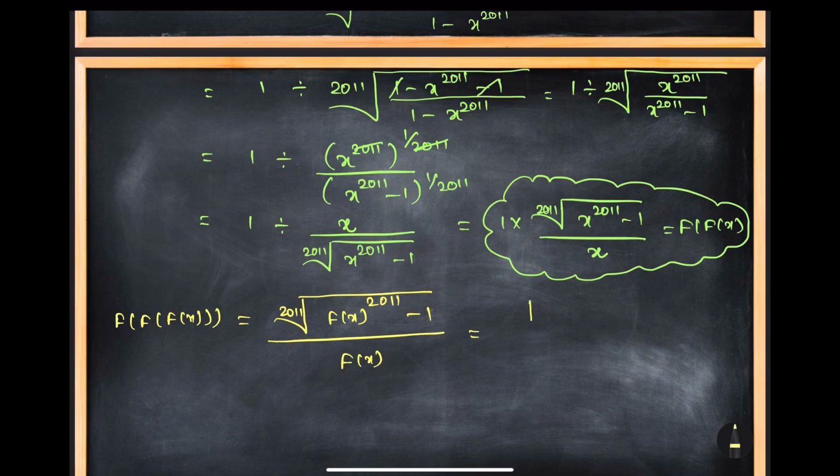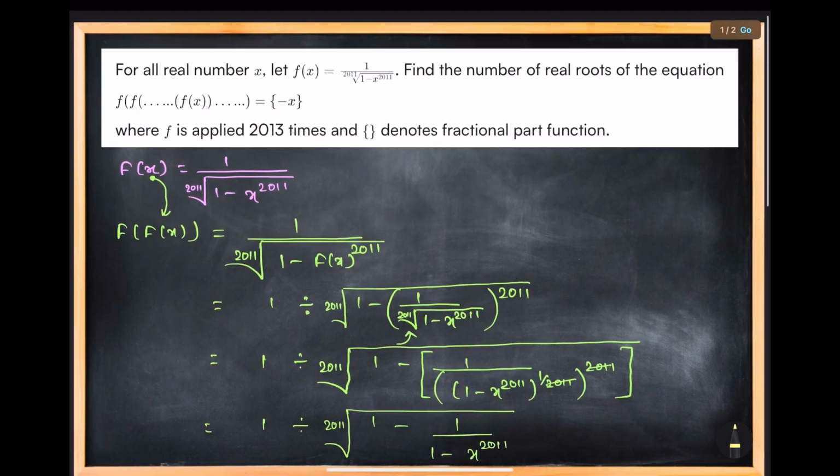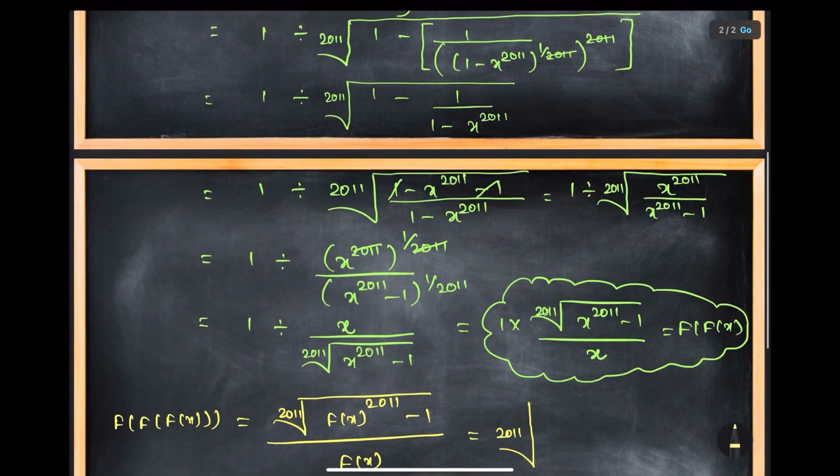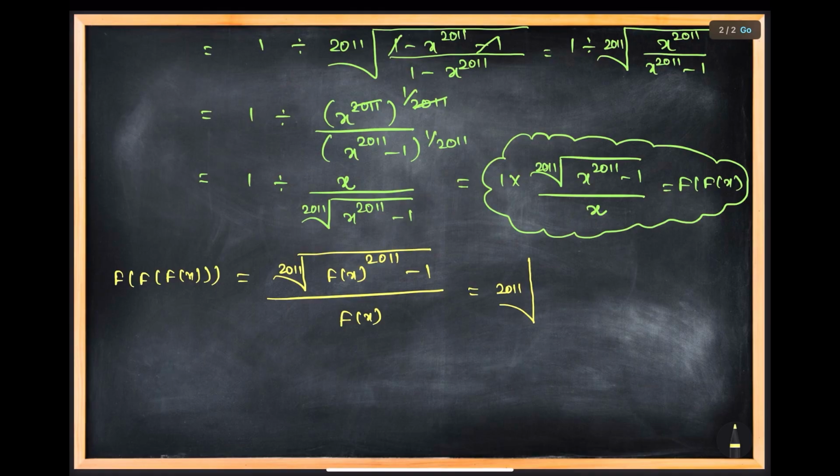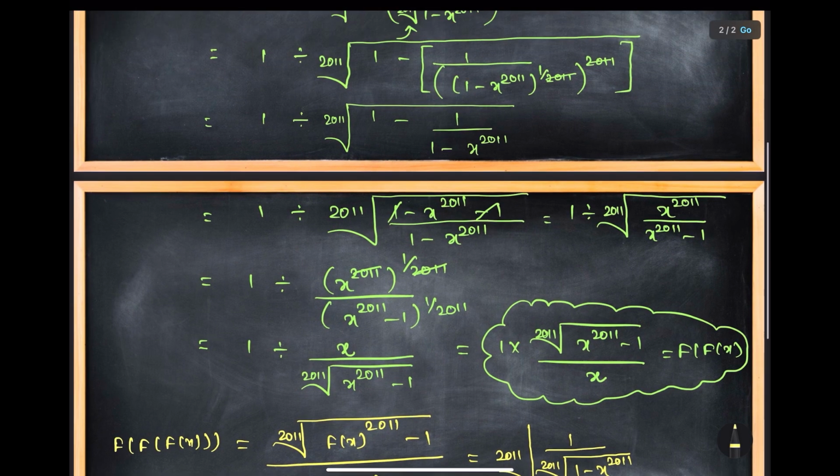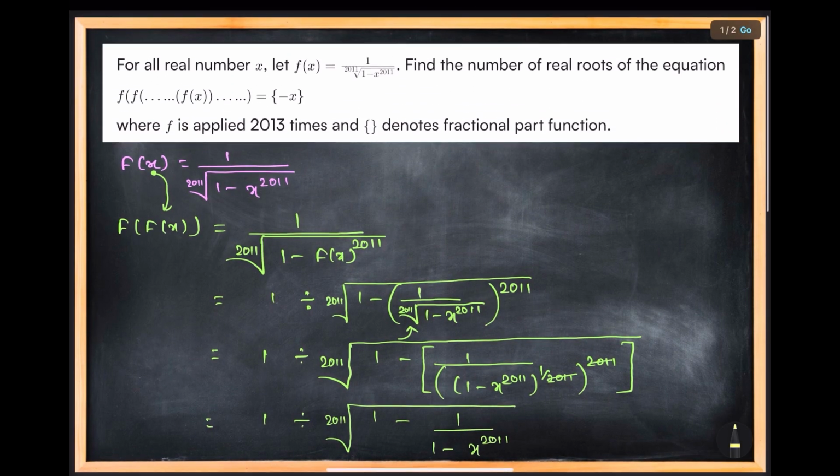Now so it is the 2011th root of, and then f of x. Who is f of x? f of x is 1 by the 2011th root of 1 minus x power 2011, right?